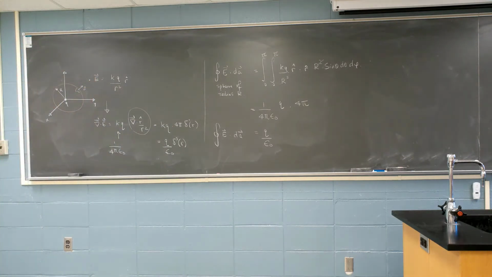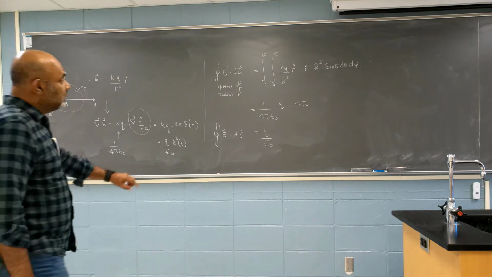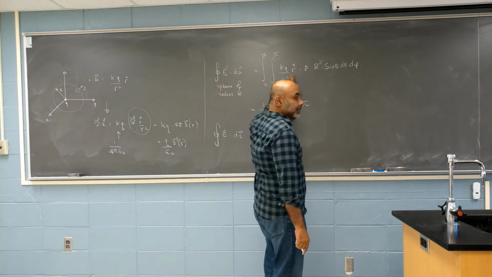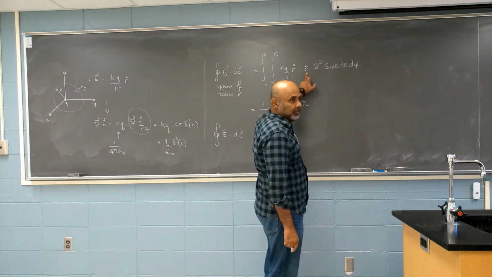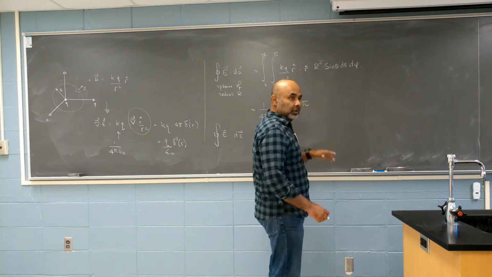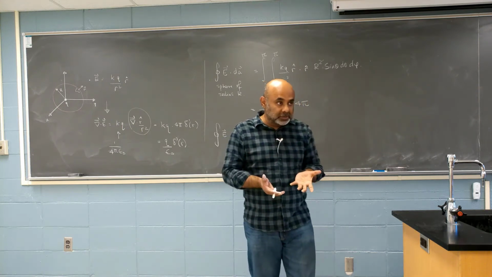Did everything cancel off like it should? The other R hat dot R hat is 1. This R hat came from E. This R hat came from the area element. So that goes away. We're integrating only on the surface of the sphere.